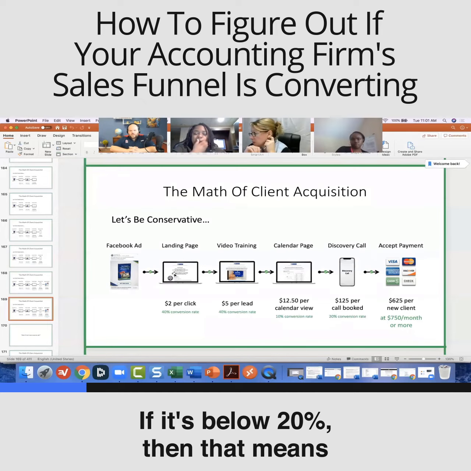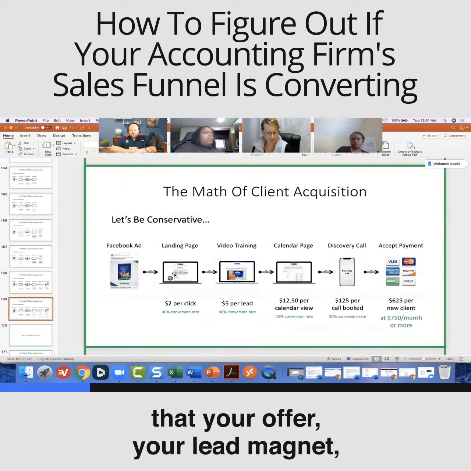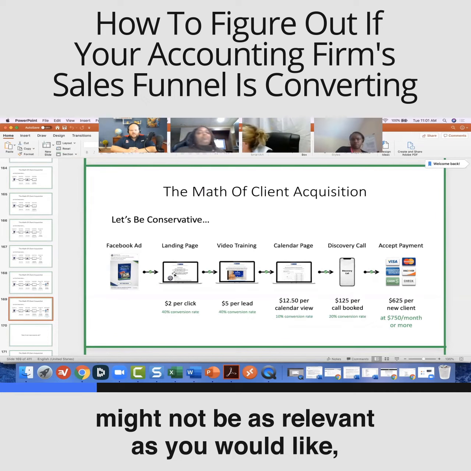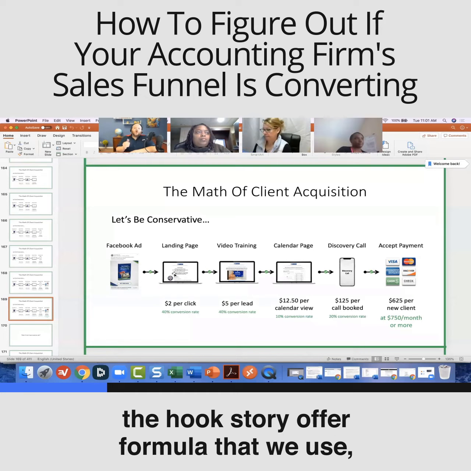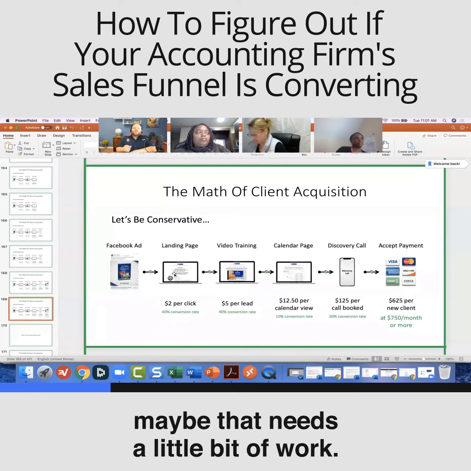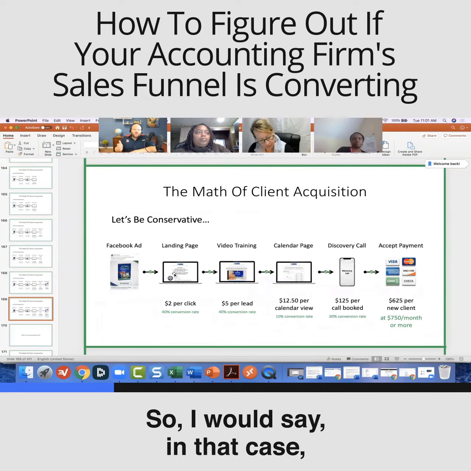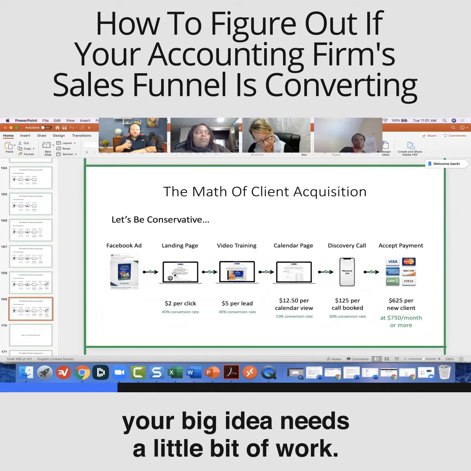If it's below 20%, then that means that your offer, your lead magnet, might not be as relevant as you would like, or your messaging on your landing page, the hook, story, offer formula that we use, maybe that needs a little bit of work. So I would say in that case, your big idea needs a little bit of work.